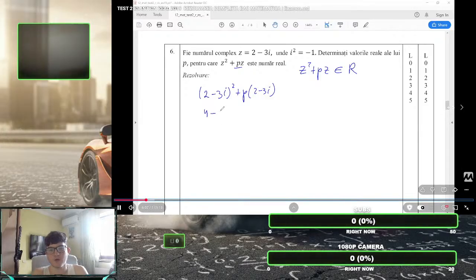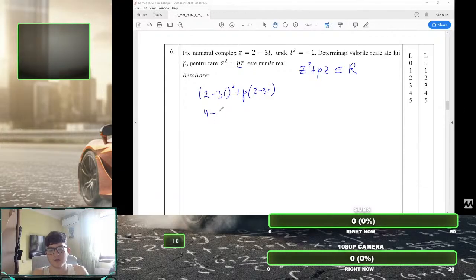It's going to be 4 minus 2 times 2 times 3, which is 12. We get an i right there. And plus 9 i to the second power. And there we have 2p minus 3pi.